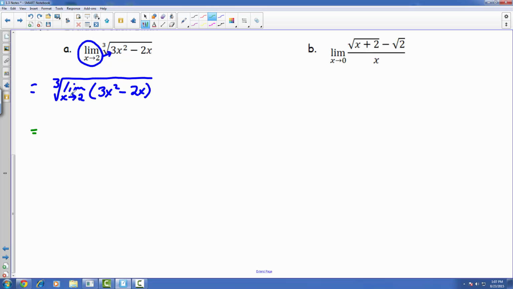Using that direct evaluation that we also talked about, we can throw this value inside here. So we end up with 3 times 2 squared minus 2 times 2.